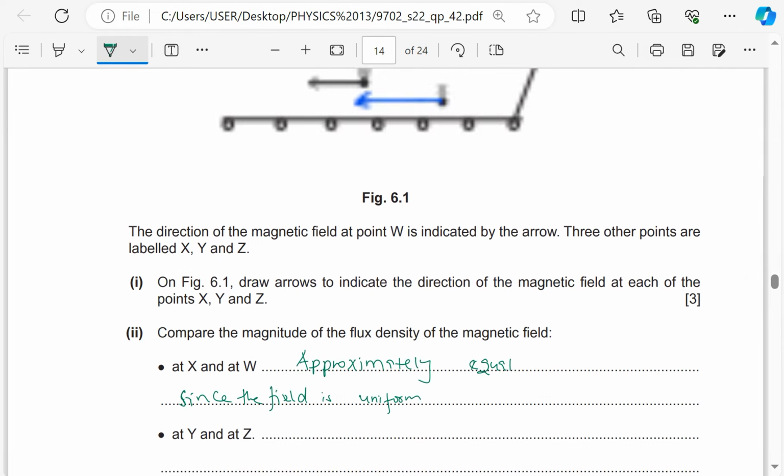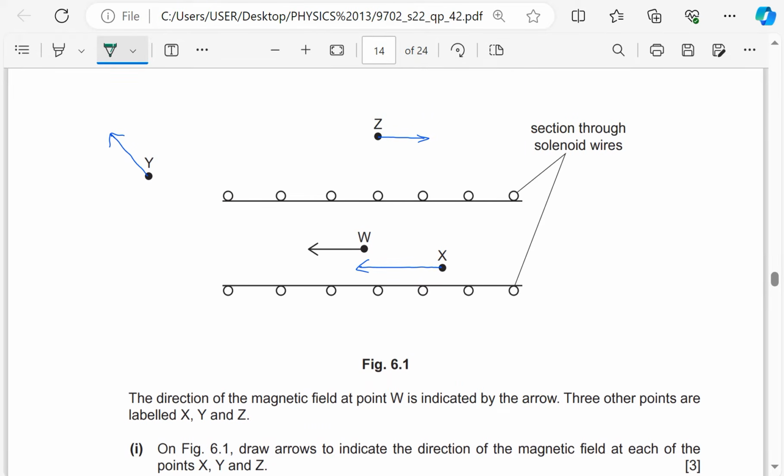Then at Y and Z, note that Y is closer to the poles of the solenoid. So the field at Y is going to be stronger than the field at Z. Remember, the magnetic field is always strongest at the poles. One end behaves as if it is a north pole, the other end behaves as if it is a south pole.